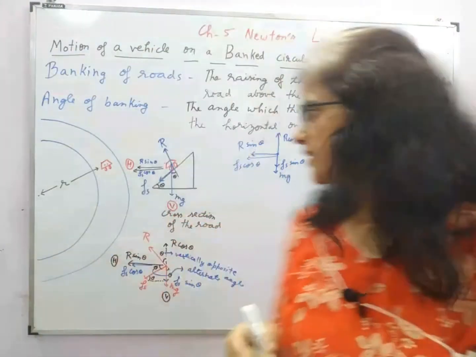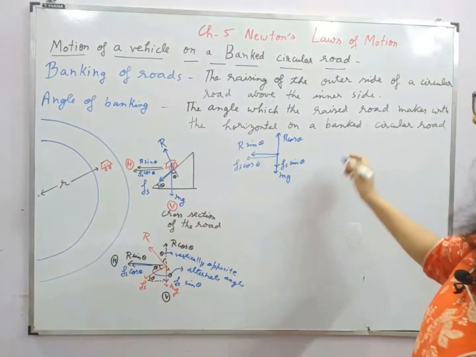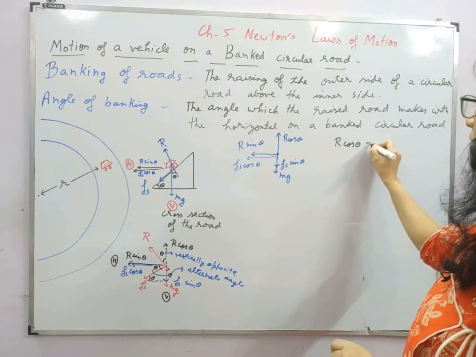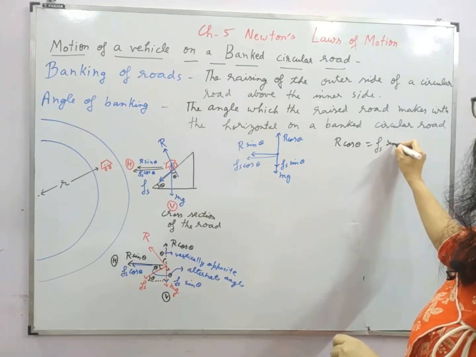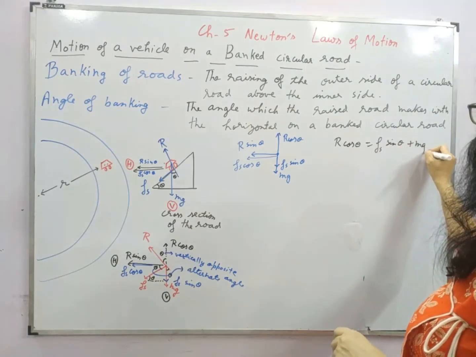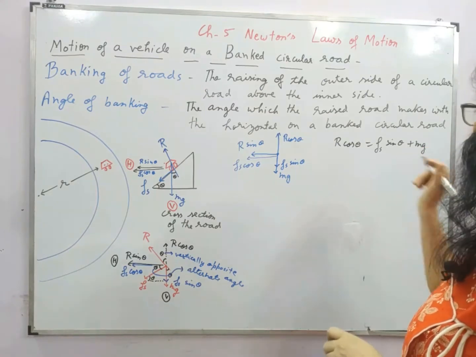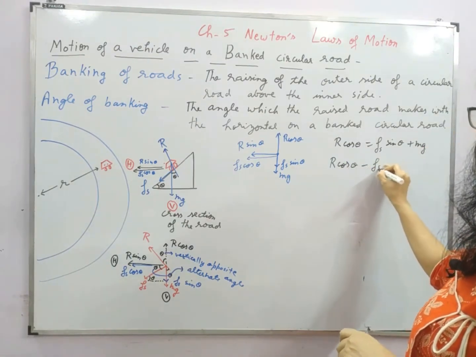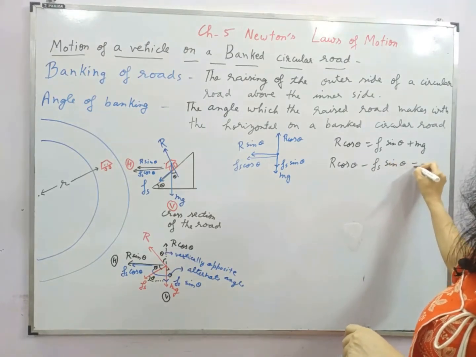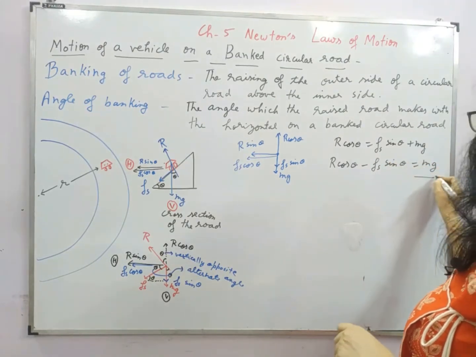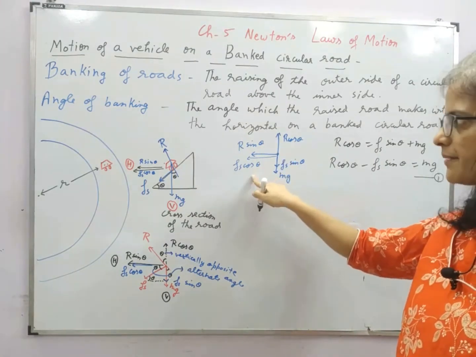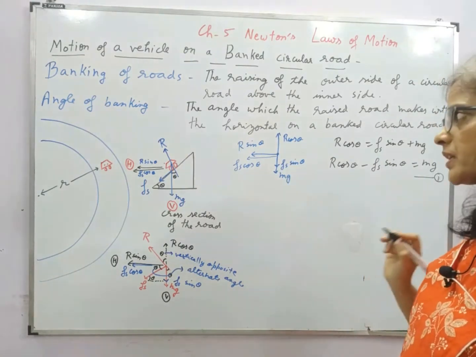So what will I write? I'll write the first equation balancing this. So R cos theta is equal to Fs sine theta plus mg, right? So I can solve it further. R cos theta minus Fs sine theta is equal to mg. This is my first equation. Second equation is that these two forces are providing the centripetal force.